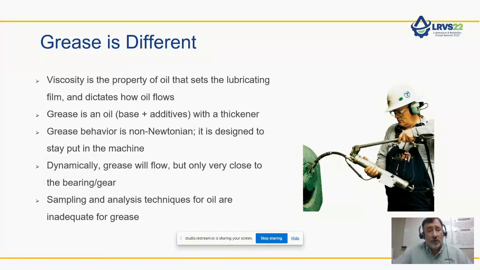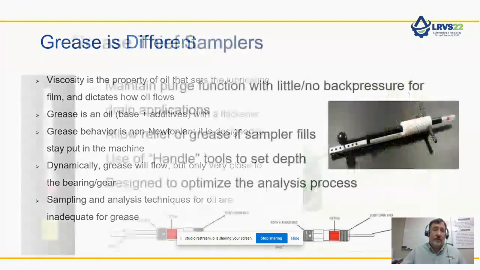And so it's important to recognize that there is a target zone in grease lubricated equipment that must be accessed effectively so that we can extract that grease, we can pull it out of the machine. And so that's much different than oil. So the sampling and analysis techniques for oil, we find, are inadequate for grease.